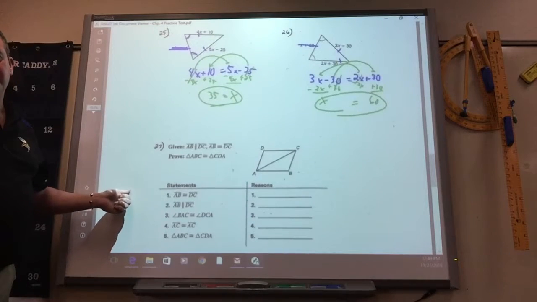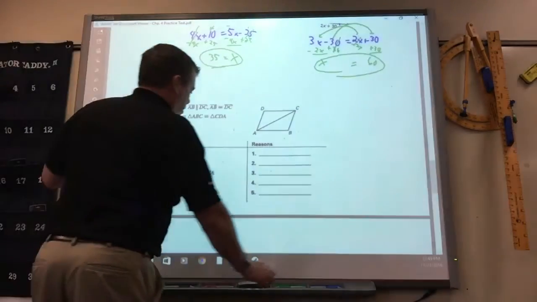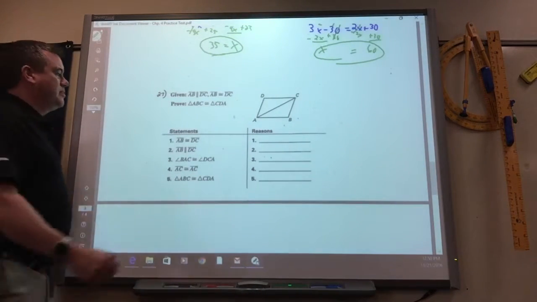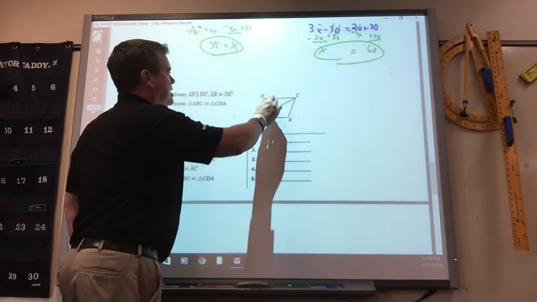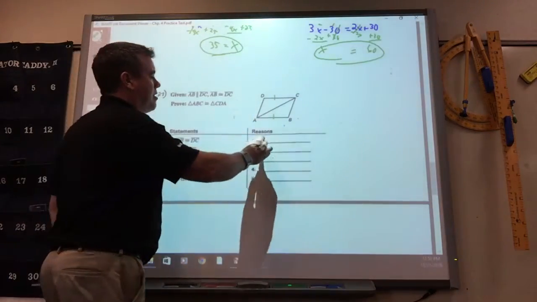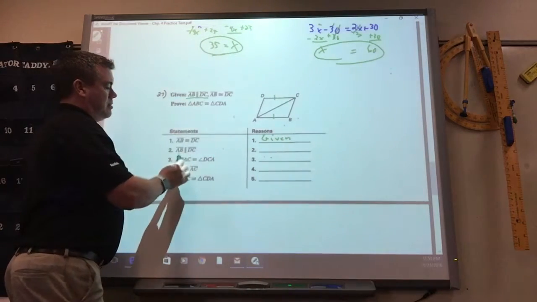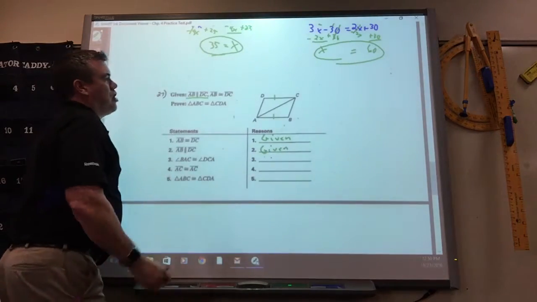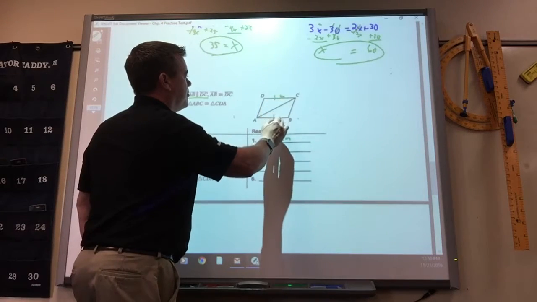Okay, then we have a couple proofs. They have the statements in there for you, so you just got to fill in the reasons. AB is congruent to DC, that's a given. This is also a given. So, AB and DC are also parallel.